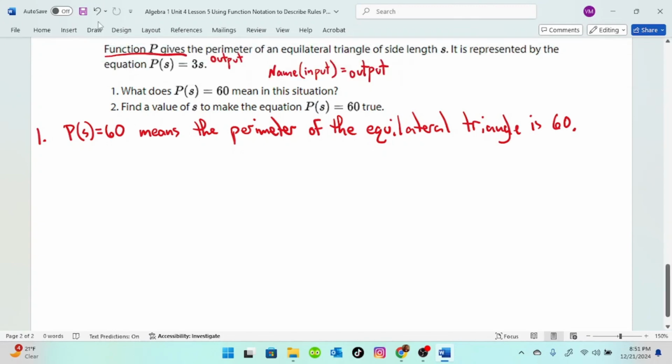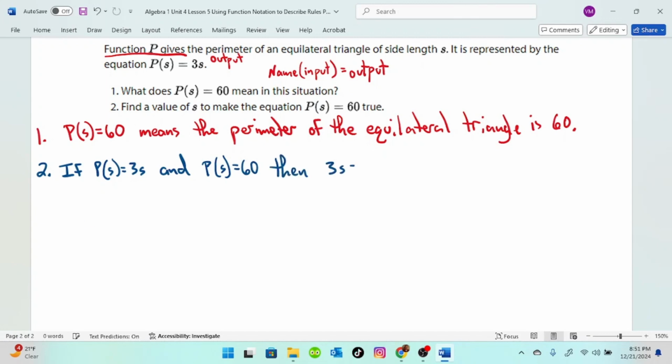Now, number 2 wants us to actually find the value of s that makes P of s equals 60 true. So for this one, if P of s equals 3s and P of s equals 60, then 3s equals 60.